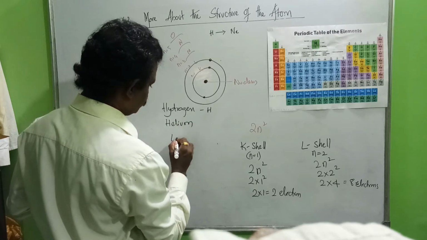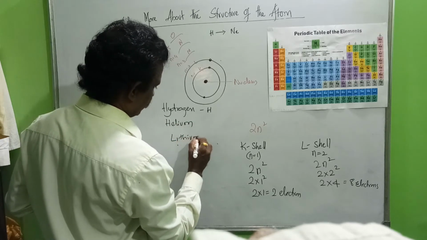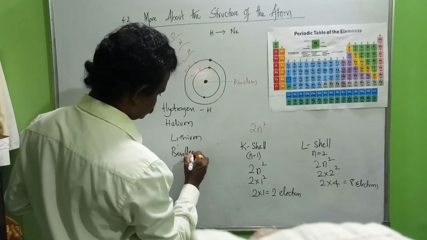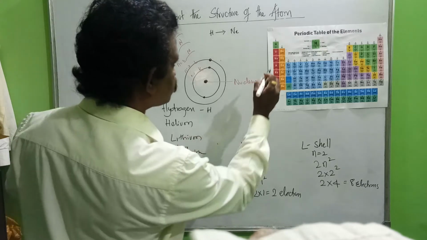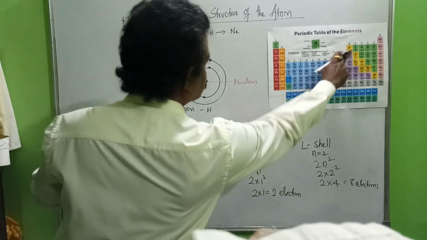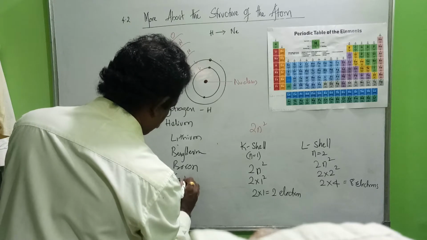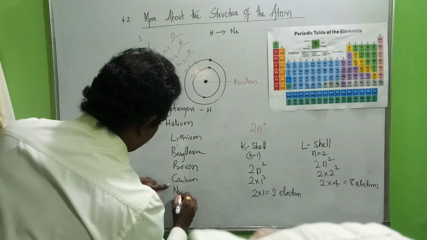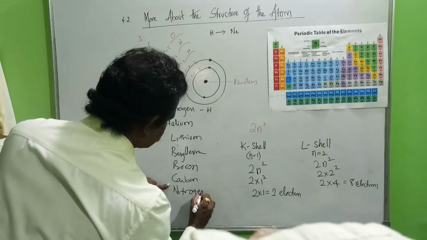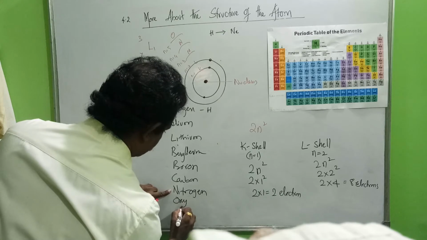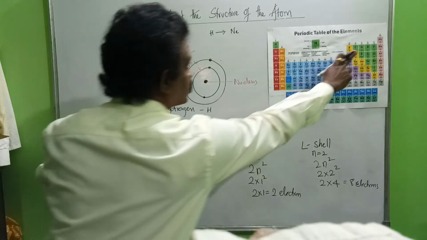Next one is lithium, beryllium. Next one is boron. The next one is carbon. Next one is nitrogen. The next one is oxygen. The next one is fluorine.